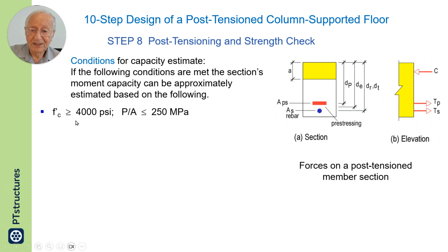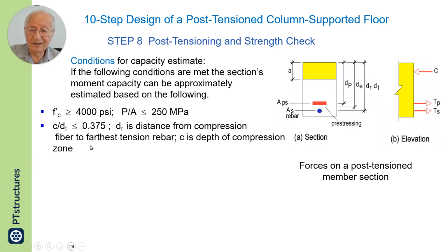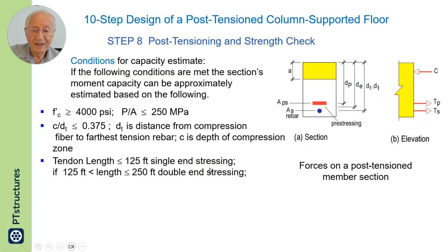If the concrete is more than 4,000 psi, and if the depth of the compression zone is less than this ratio, depth of compression zone divided by the distance to the farthest rebar, where C is the depth of compression zone, and tendon length less than 125 feet. Each stressing length.